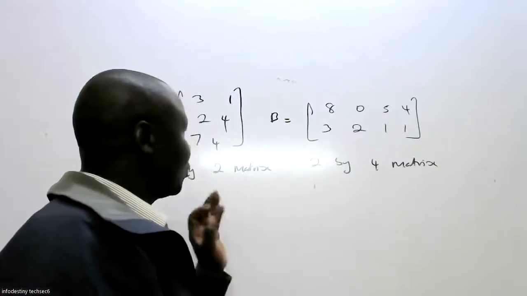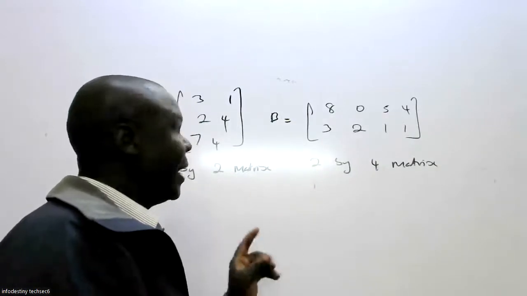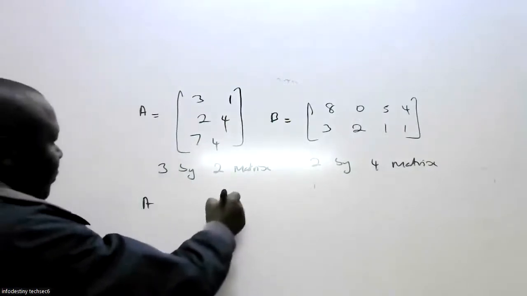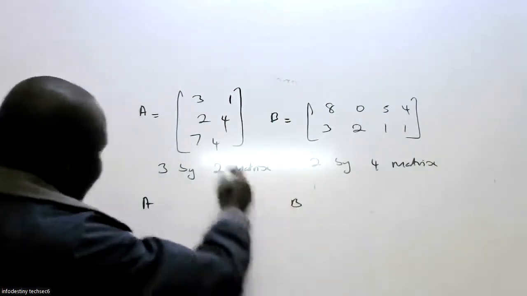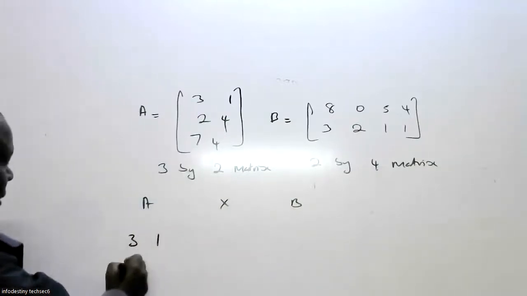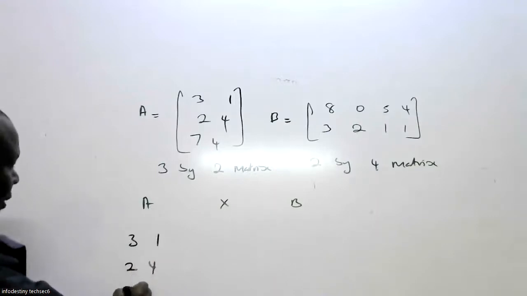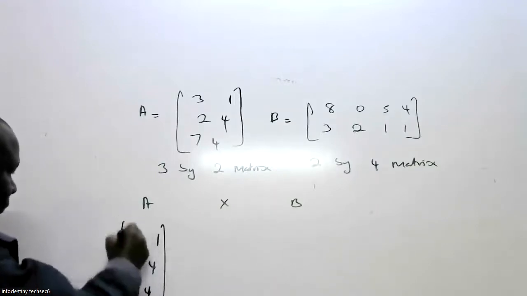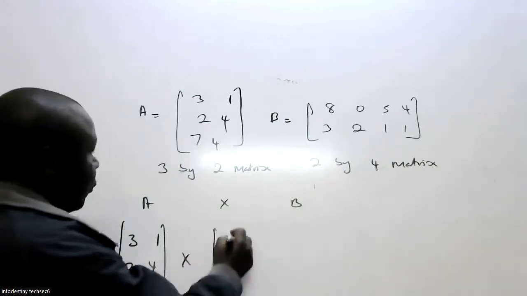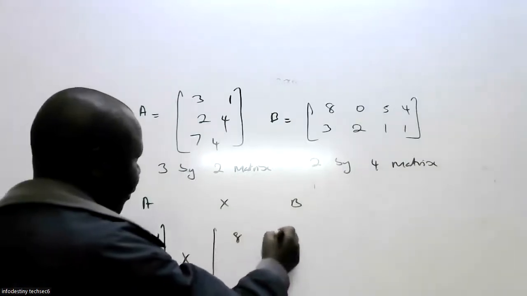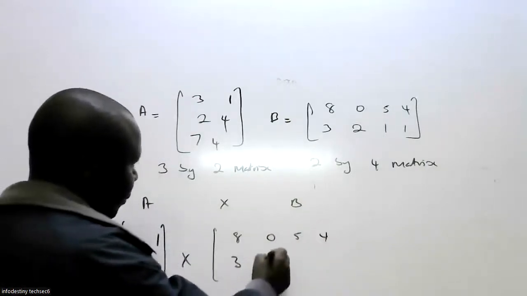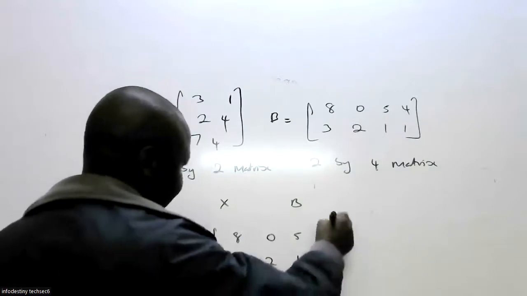So when you are told to multiply this one, you say A times B. So that's going to be 3, 1, 2, 4, 7, 4 times 8, 0, 5, 4, 3, 2, 1, 1.